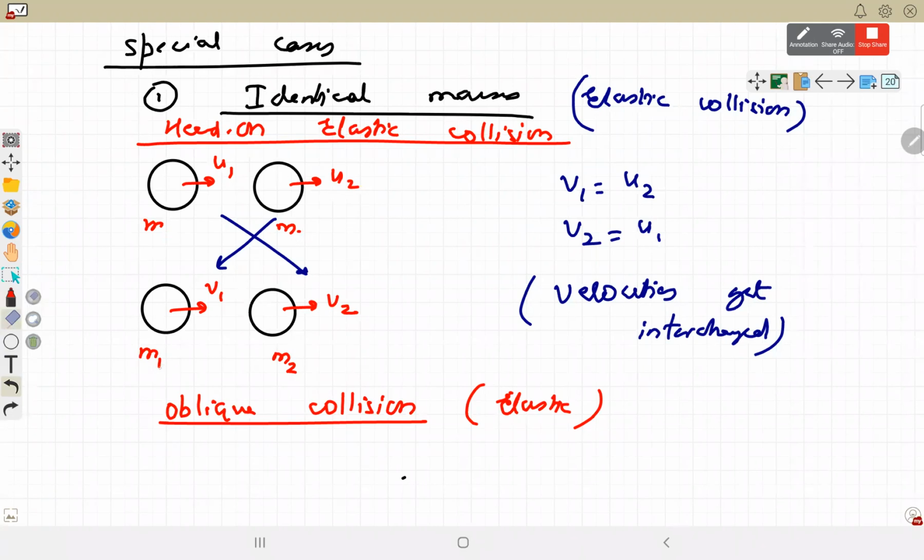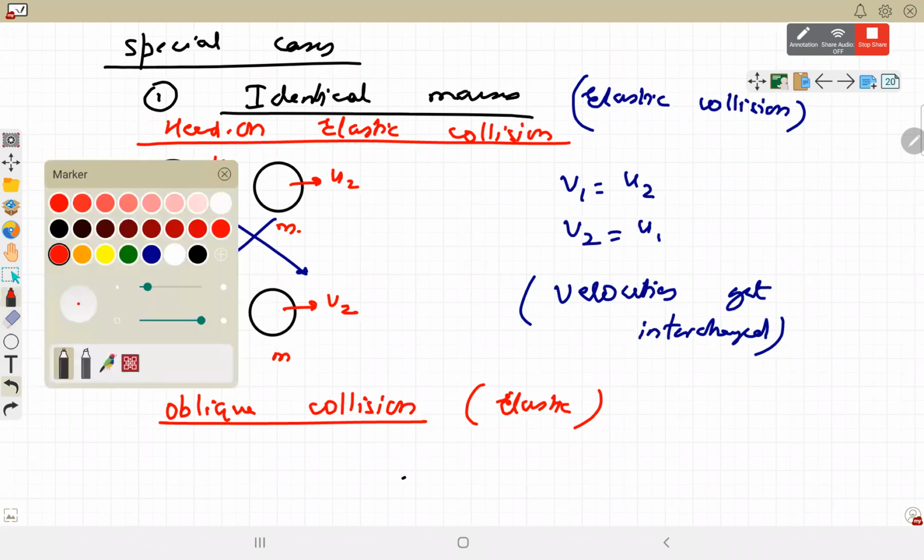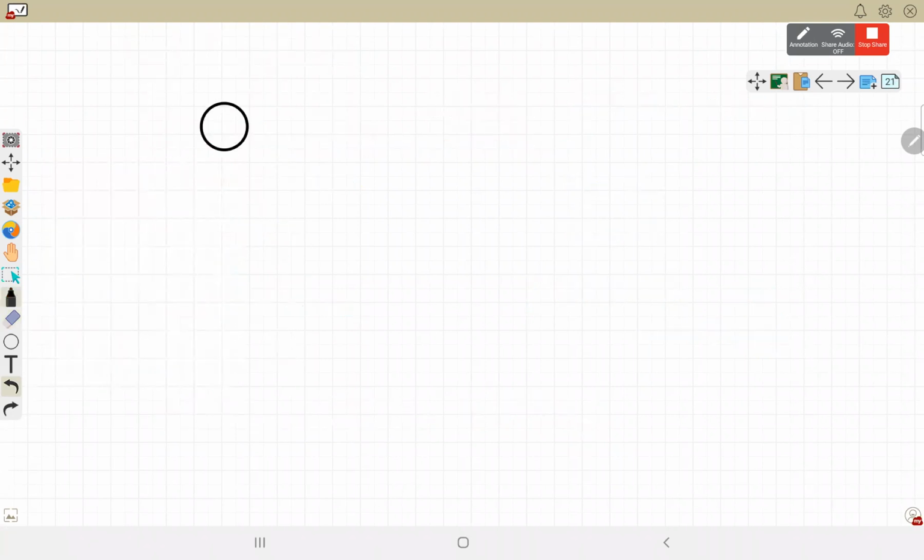Identical का मतलब their masses are same. m1 and m2 are same mass and the collision is perfectly elastic. Second case is that these particles are colliding obliquely but perfectly elastic and one of the body is at rest. Masses are same, identical.